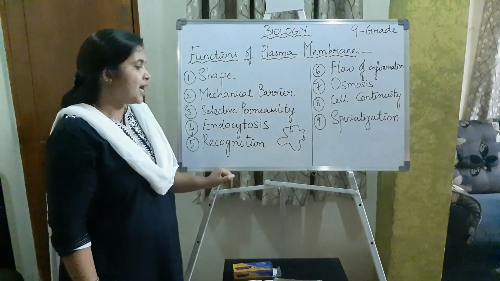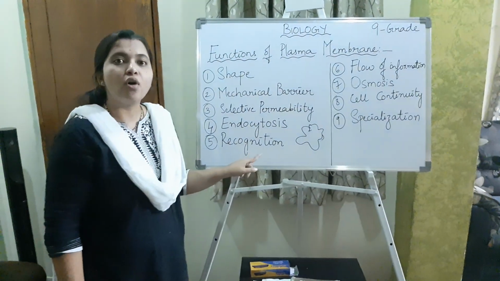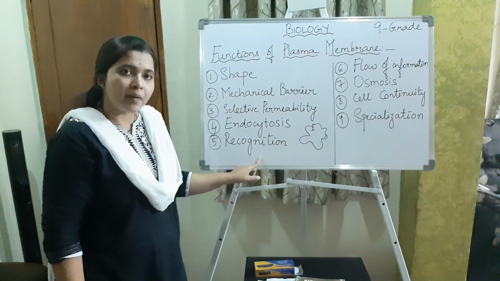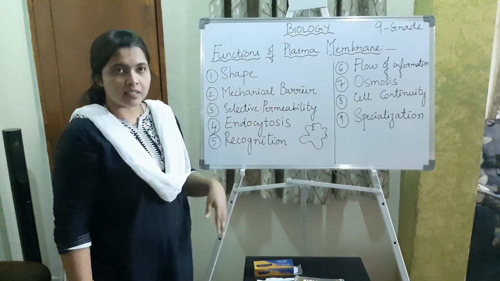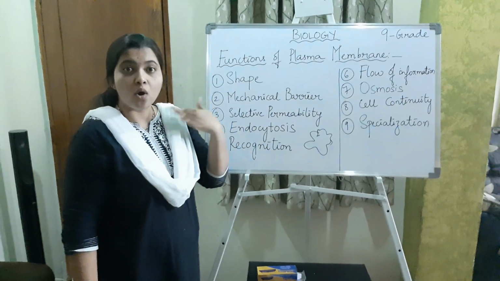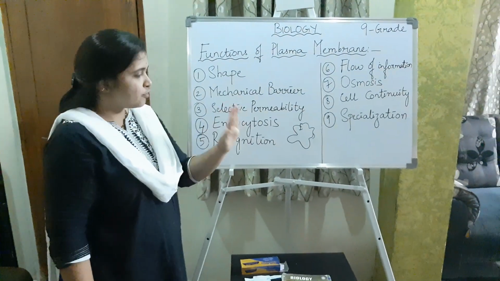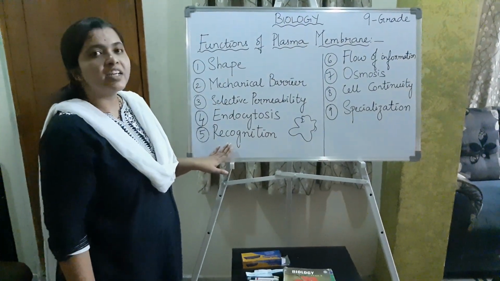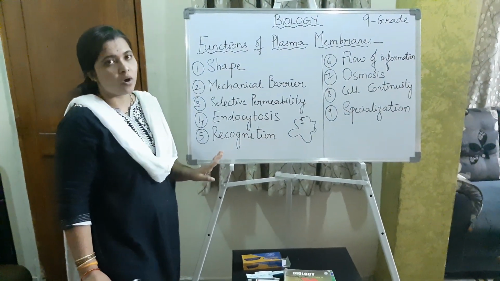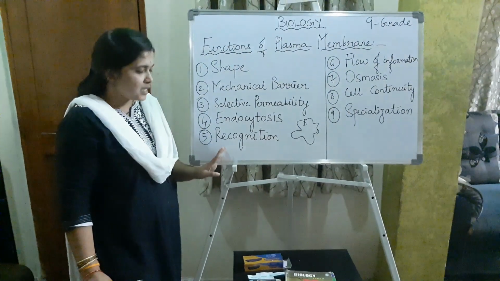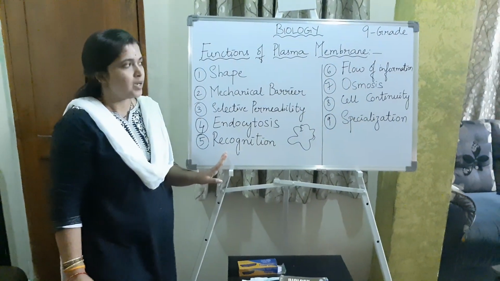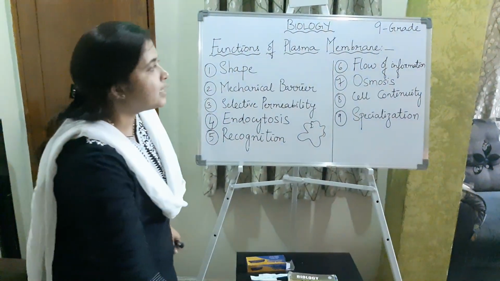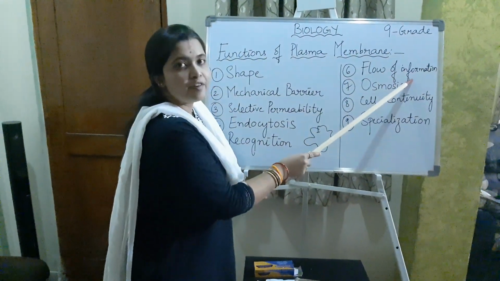And one more thing, it will help in the distinction of foreign particles. What are foreign particles? Other harmful particles or other particles which are not our body particles. From all those things, recognition centers present on the plasma membrane will help us. This is about recognition.